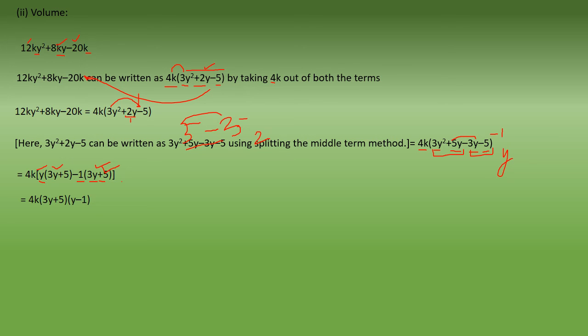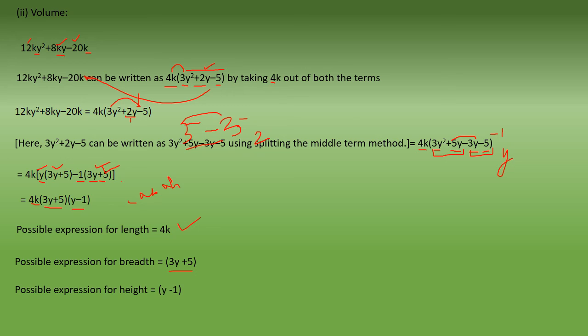If you look at length into breadth into height, our possible expression for the length is 4k, the possible expression for the breadth is 3y plus 5, and the possible expression for the height is y minus 1.